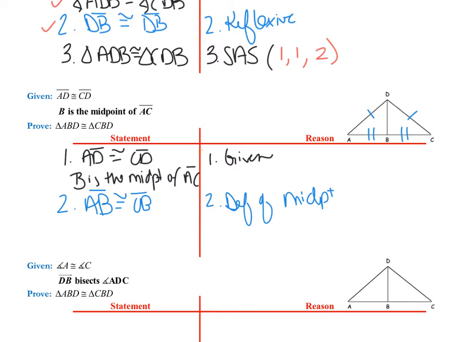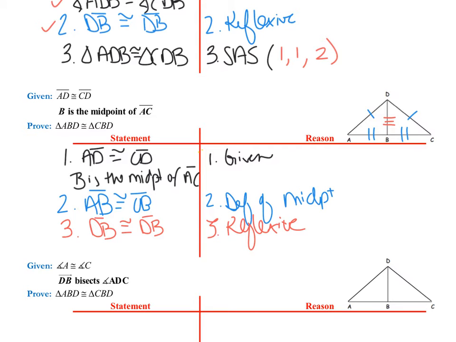Okay, well, if I go up, I have SSS, SAS, AAS, and ASA. Which one can I prove? Well, I have two sides so far, so that eliminates two of the options. So I have SSS and SAS left. Well, is there anything else I can prove? I can prove DB is congruent to DB by the reflexive property.